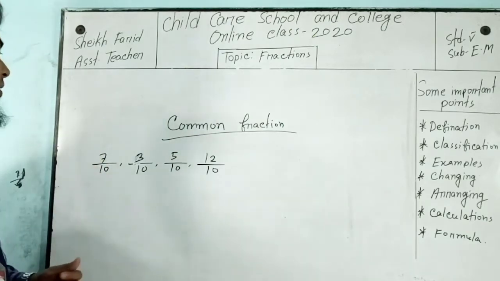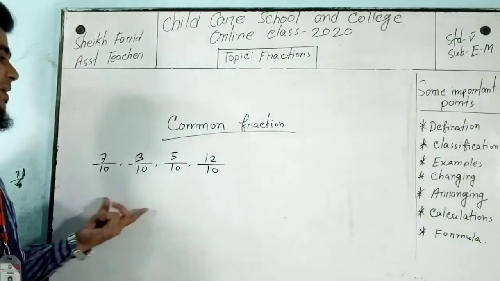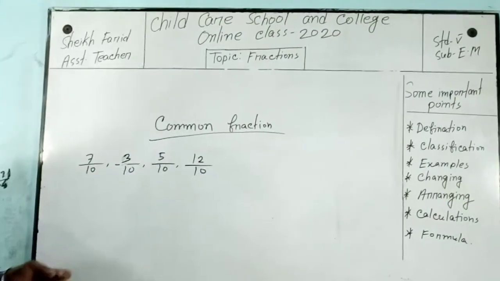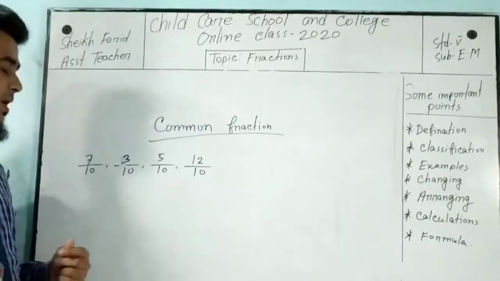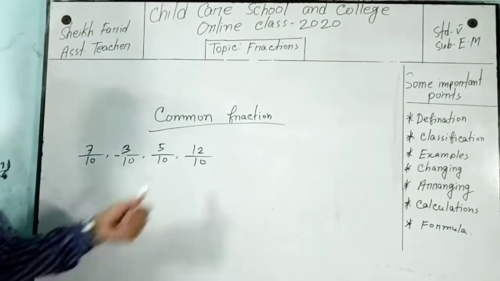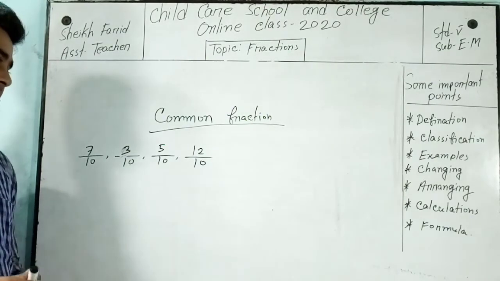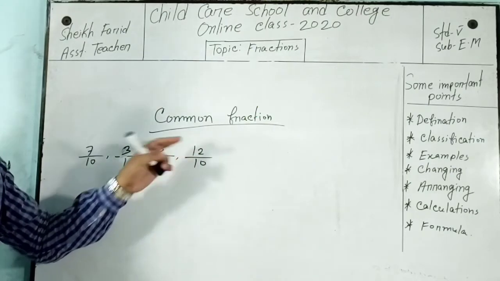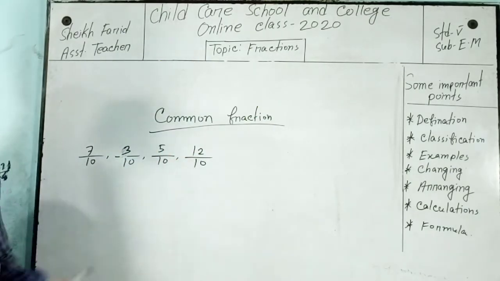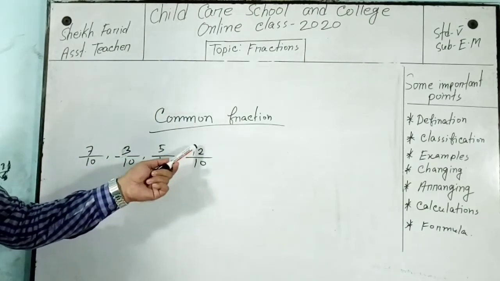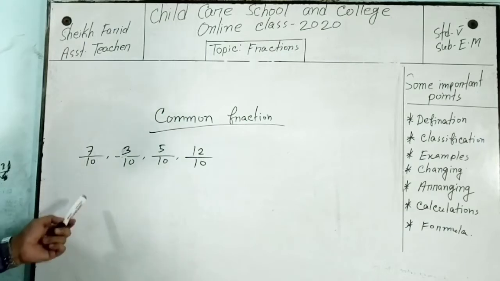If you write these fractions, you know that all the fractions have the same denominator, and the numerators are not equal. So do you know which fraction is greater here? Here all the denominators are the same, and we know that if the denominators are the same, the fraction with the greater numerator is the greatest fraction. Here this fraction has the greatest numerator, so we can say that this is the greater fraction. And 7 is less than 12, then we get 7 by 10 as a smaller fraction.